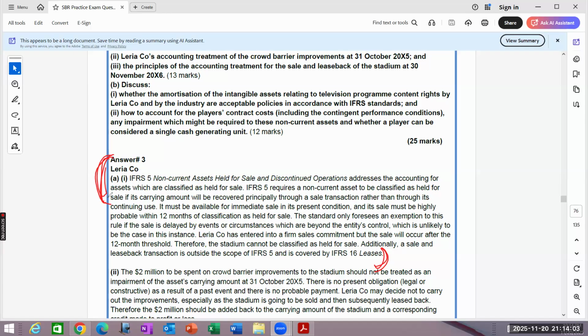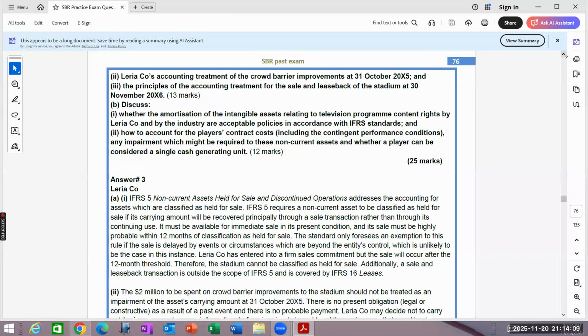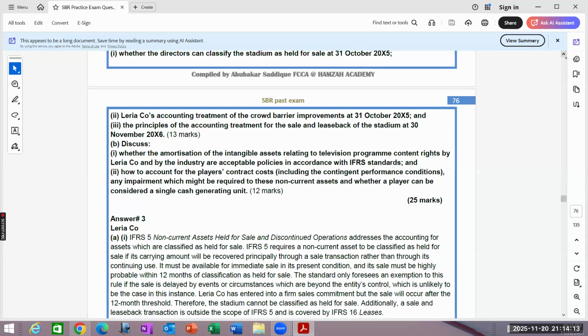Now the second requirement of this exhibit: the company's accounting treatment of the crowd barriers improvement at 31st October X5.